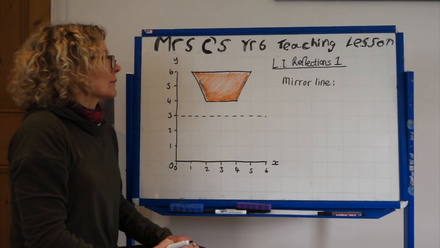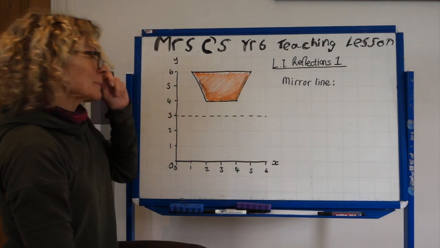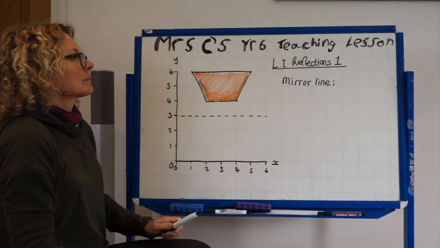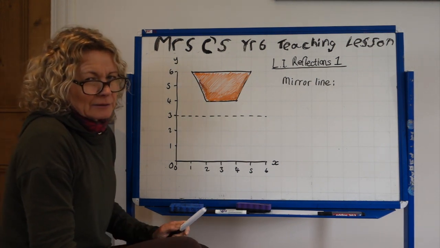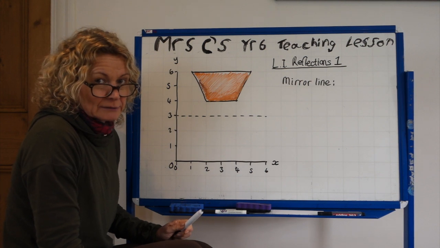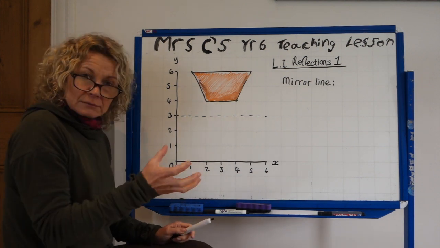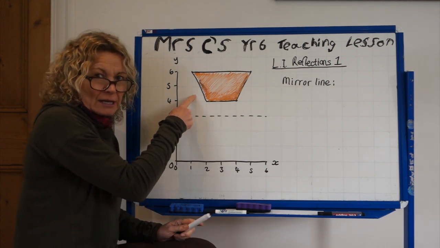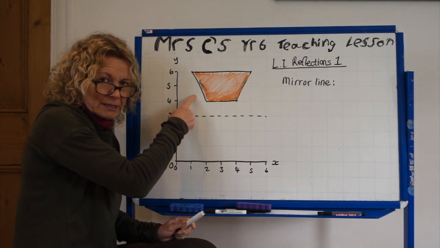Welcome back. So we've got an orange trapezium here and a mirror line. You will see your reflection in a mirror, so it's pretty similar in maths really. In the mirror line, we're going to see a reflection of the orange trapezium.